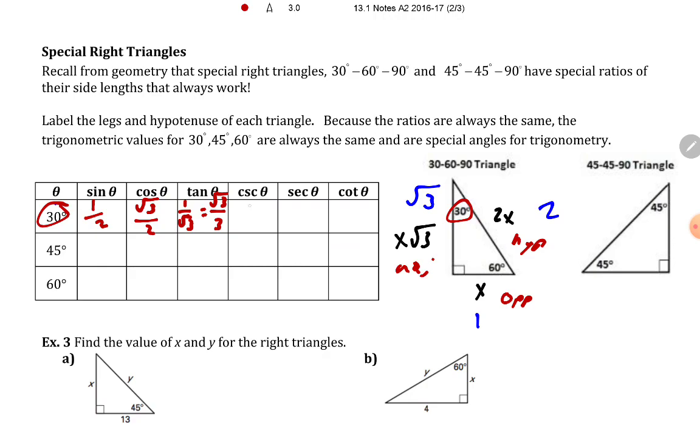Cosecant, remember, is just the sine flipped. Secant is cosine flipped, so we get 2 out of square root of 3, which is 2 root 3 over 3. And then cotangent is tangent flipped, which is just square root of 3 over 1, which is square root of 3.